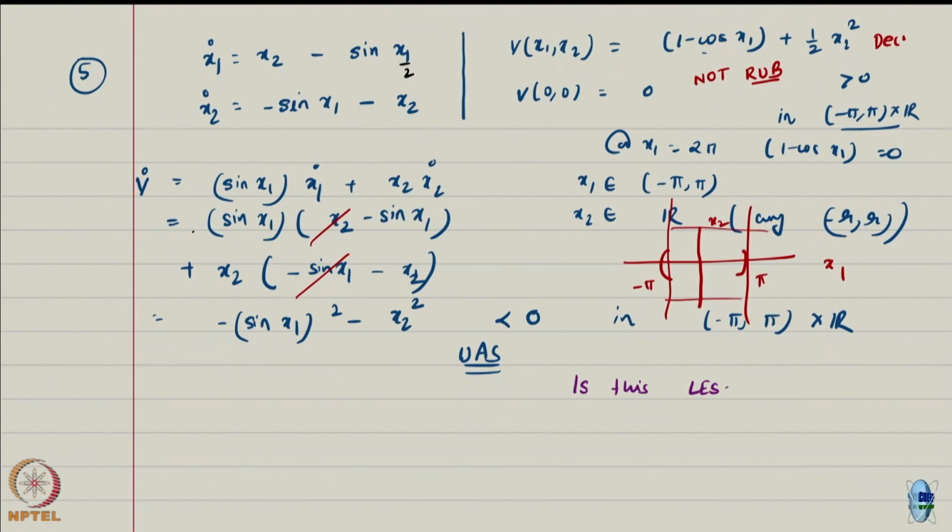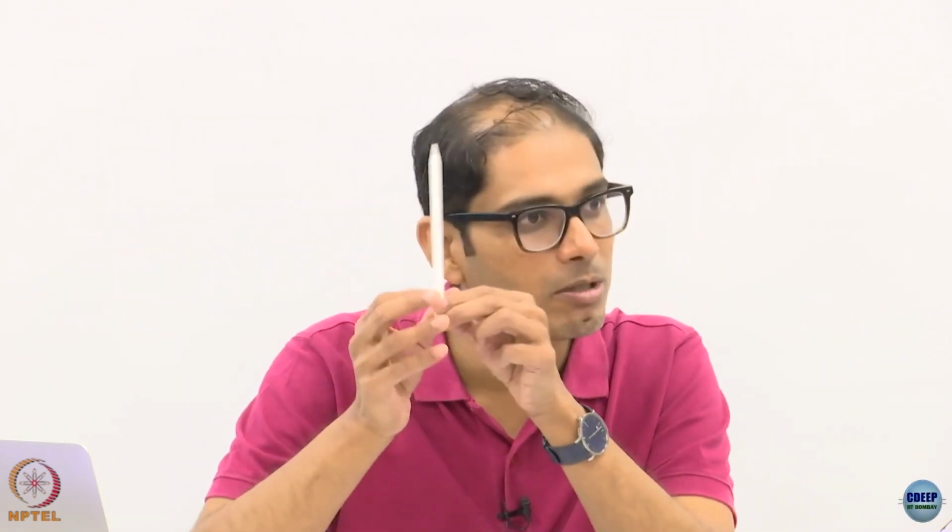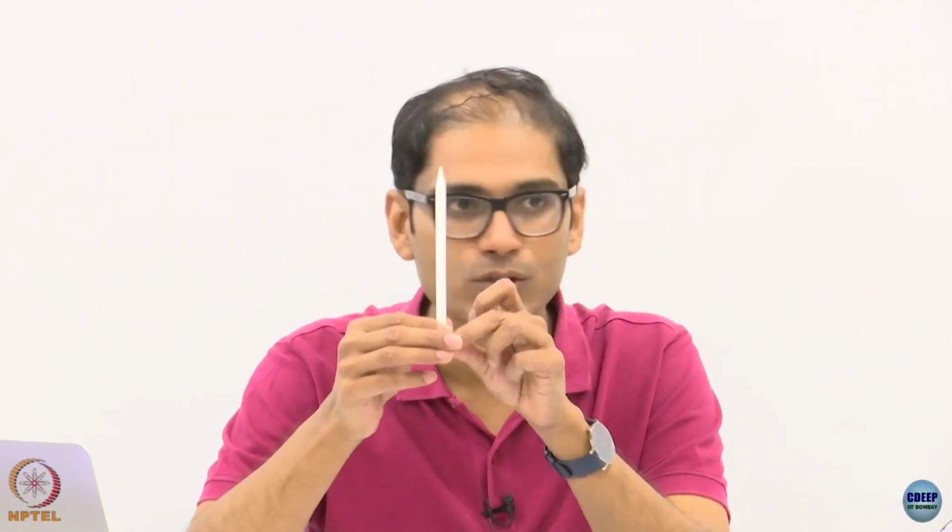But one of the other things I would like to say is that I am not missing anything here. By doing minus pi and pi, pi is the only one that I am missing, and there is no choice but to miss pi. Without missing pi, I am including the other equilibrium in my analysis. There is no way you will be able to prove even stability after that, because now your domain contains both equilibria.